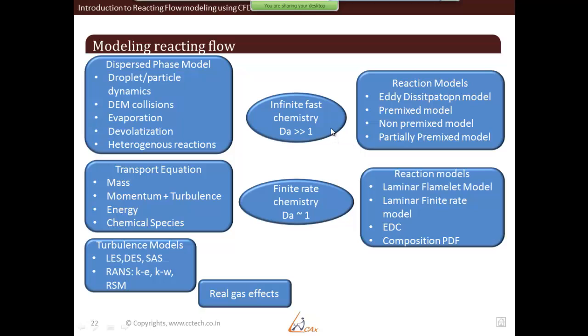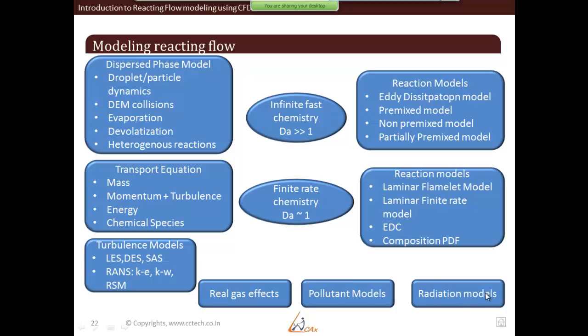So depending upon the chemical kinetics, we can select either of the reacting flow models, and this takes care of the species conservation as well. If there is incomplete combustion, we will also need to take care of pollutant models, and if the temperature variation is large, we have to take care of radiation models. So as you can see in this overview, reacting flow modeling is all of this combined together. It is not a single model, it is actually a modeling approach.